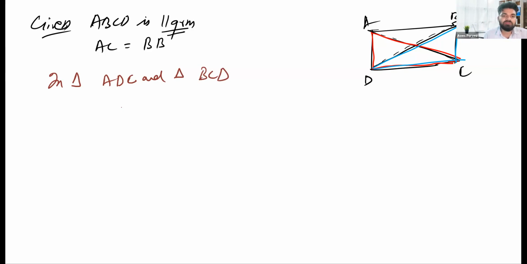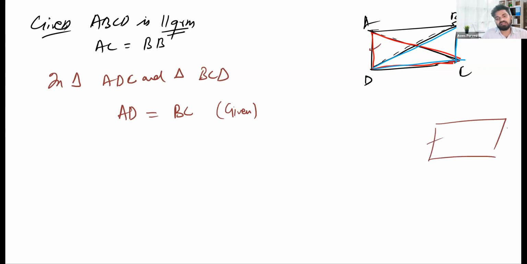Now, you know that AD is equal to BC. Why is it given? Because ABCD is a parallelogram, and in a parallelogram opposite sides are equal. And DC is equal to DC, common.